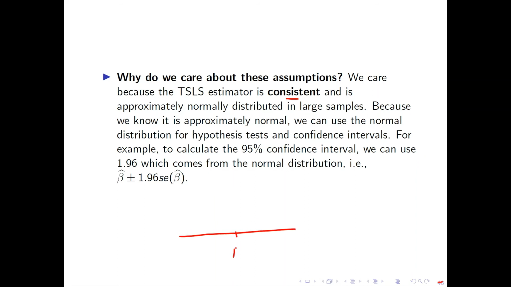It's because if it's consistent, then we know that if we take a lot of samples, then our sample estimate, the beta hat, is normally distributed around the true value of the effect of x on y.